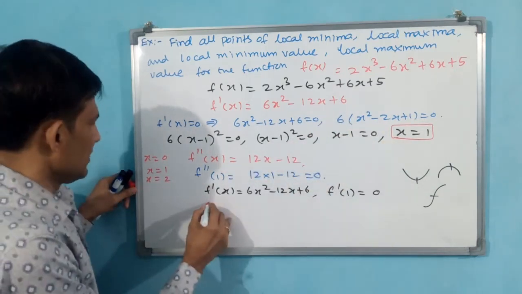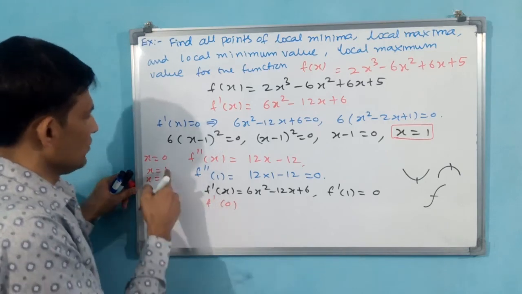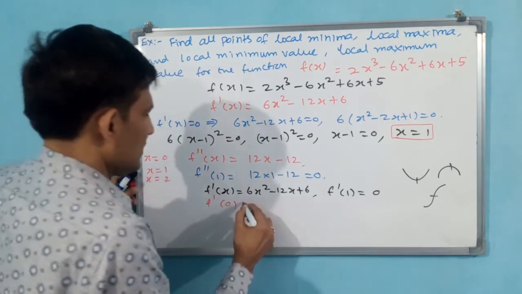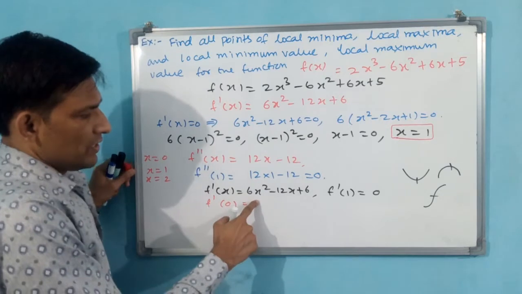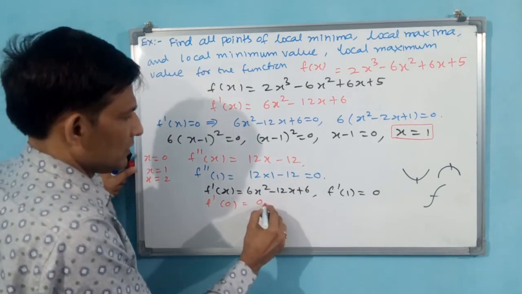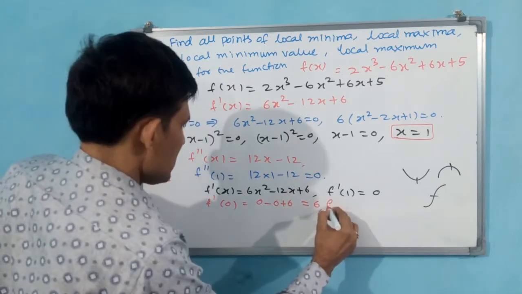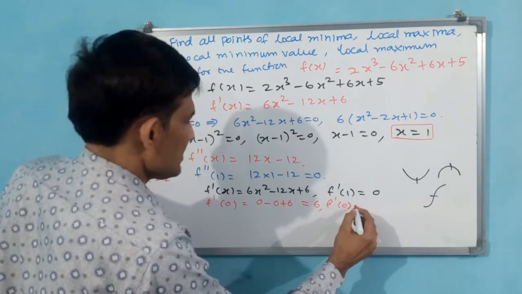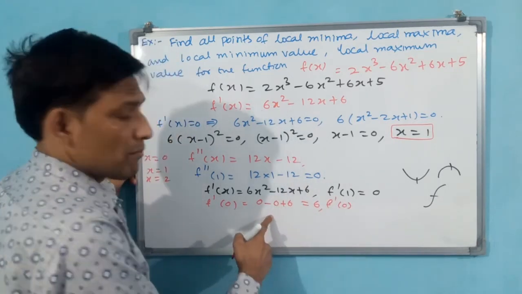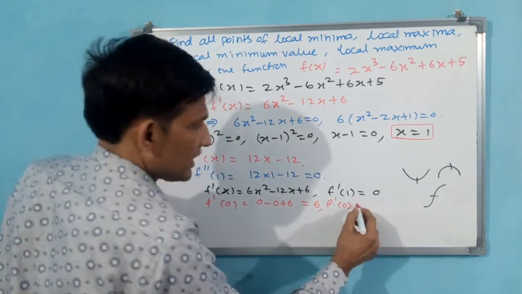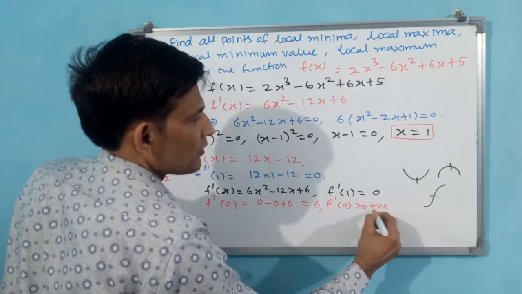Okay. Immediately f dash 0, before 1, that is equal to 0 0 plus 6, that is equal to 6. See, f dash 0 is positive. 6 means greater than 0, positive.